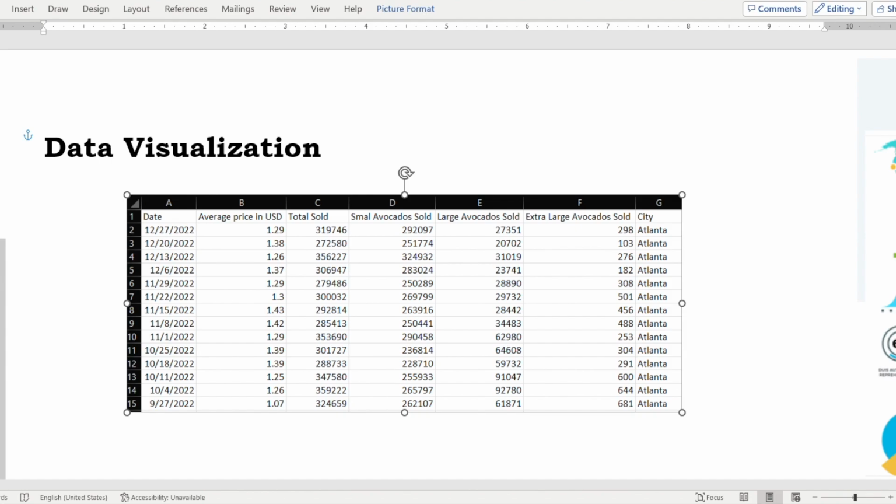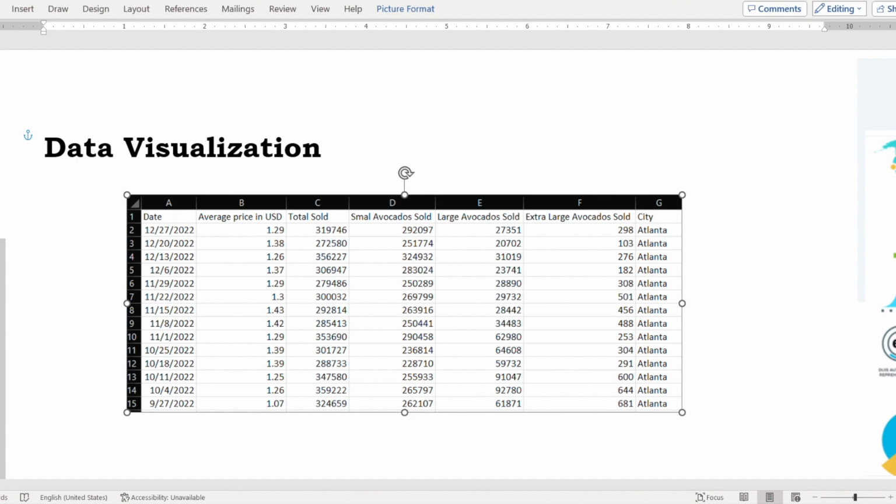With so much information around us, it is challenging to view the data and derive insights from it. Representing the data through visualizations like graphs, charts, maps, etc. gives us a visual context of the data.